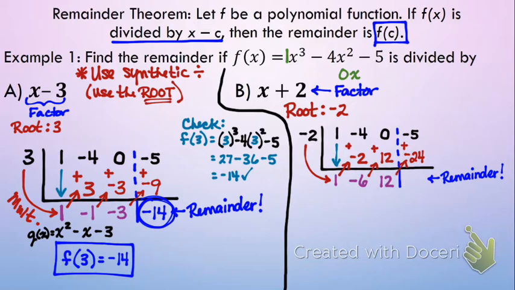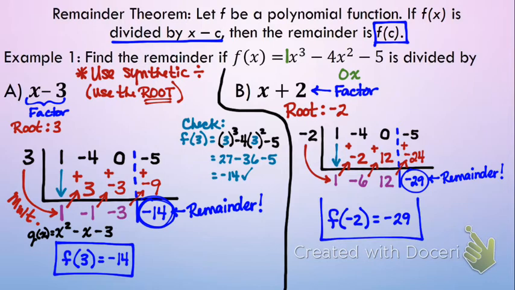Which gives me what? -29, thank you. So this is what I was looking for in the problem. If we evaluate the function f at -2, the output would be -29. Doing all right with that?